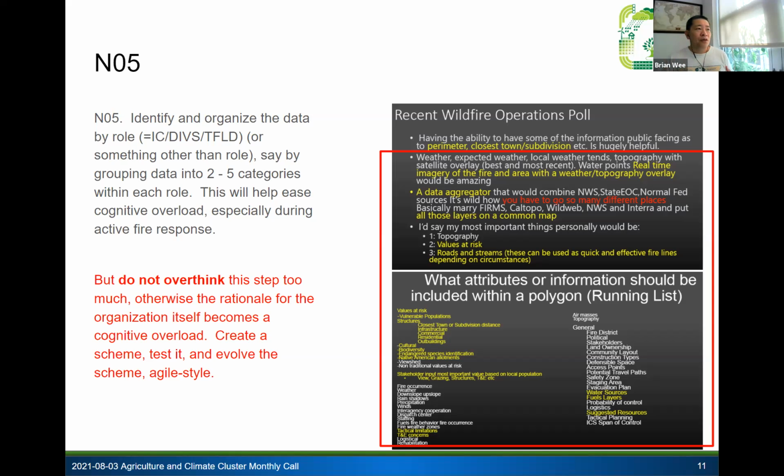But again, I put this in here just to think about how you organize the data by roles or something else such that the relevant data is available with the shortest number of clicks at the right time, right?